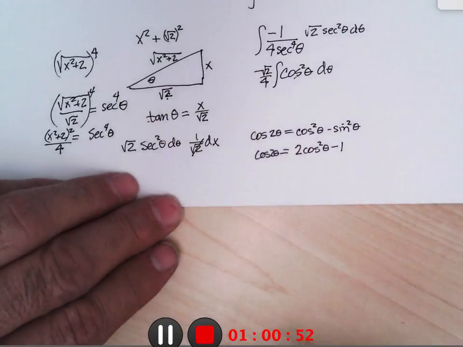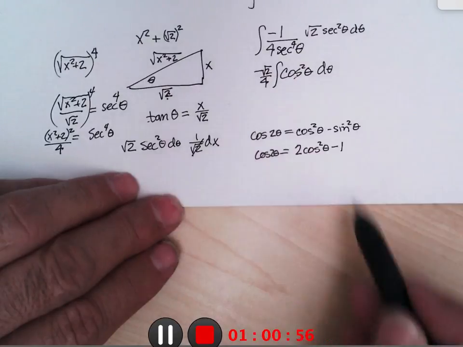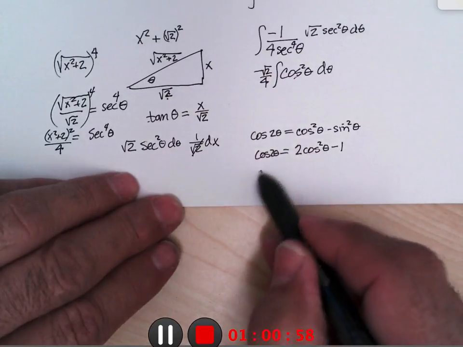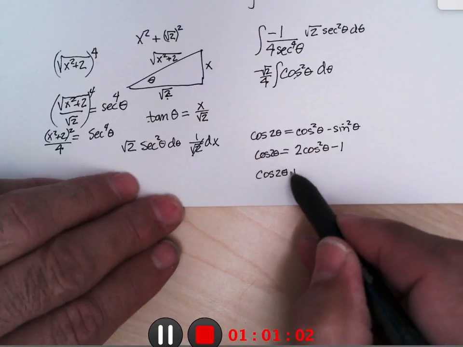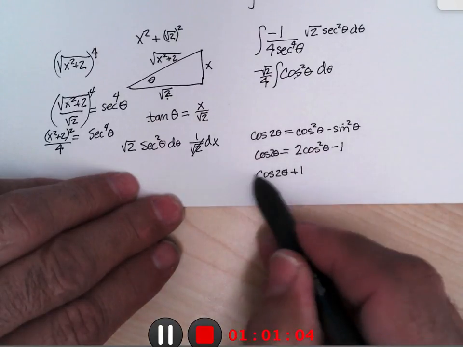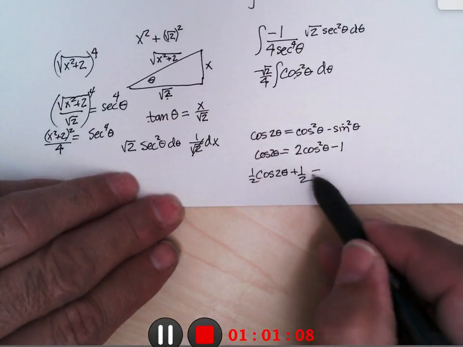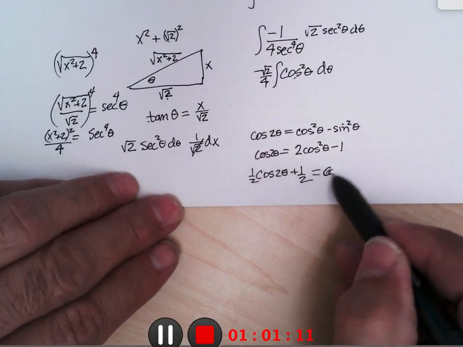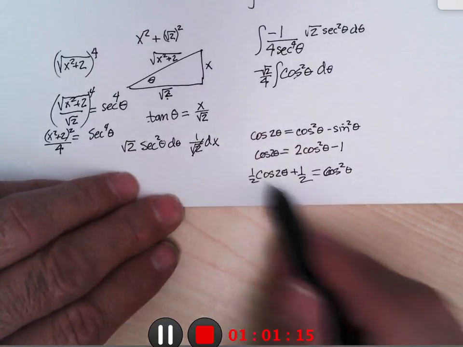So if I solve for cosine squared, which is what I'm trying to find the antiderivative of, I get cosine of 2 theta plus 1 divided by 2. That's what cosine squared theta is equal to. So if I can integrate this, that'll be what that integrates to.